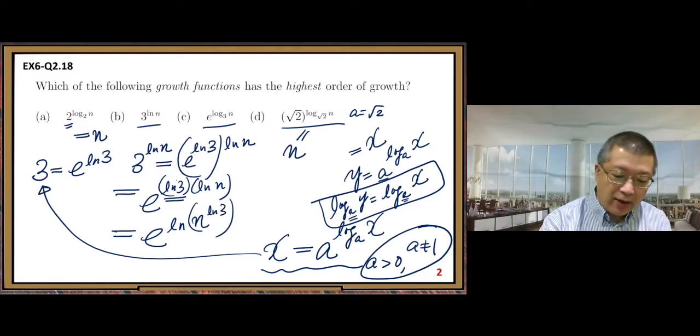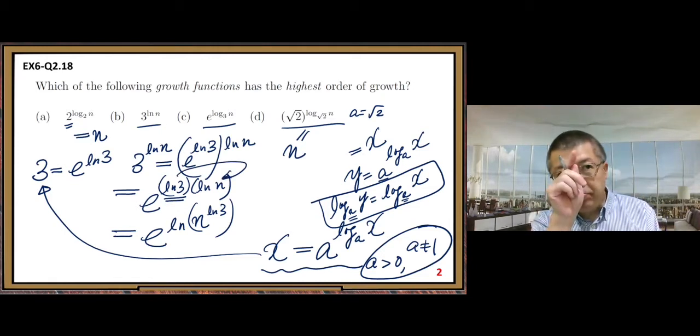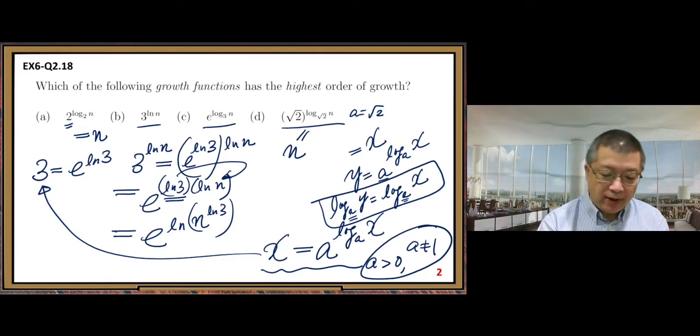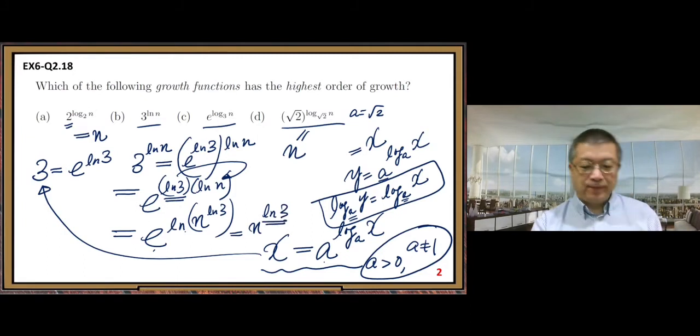Another property: this number we can put in the exponent part. Then apply this formula with a equal to e, because it is log base e, so this equals n to the natural log of 3.